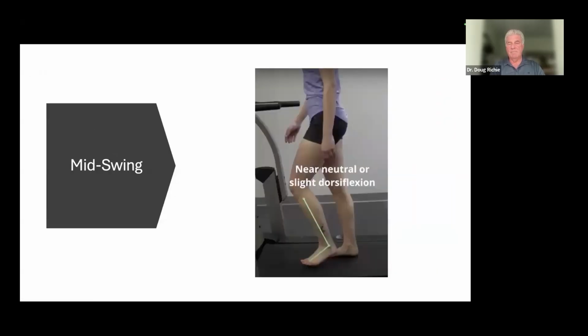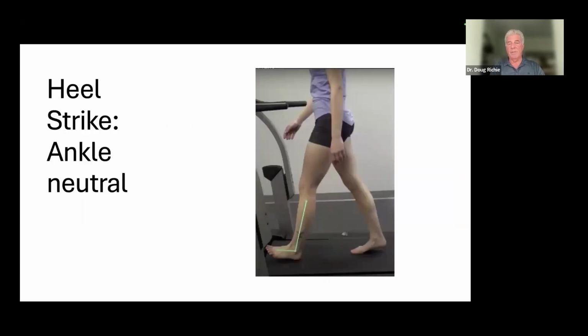So just to review, in gait, we need to be able to pull the foot into dorsiflexion during swing phase, such that at mid-swing we need the foot at least in a neutral position, if not slightly dorsiflexed, so that the toes can clear the ground.